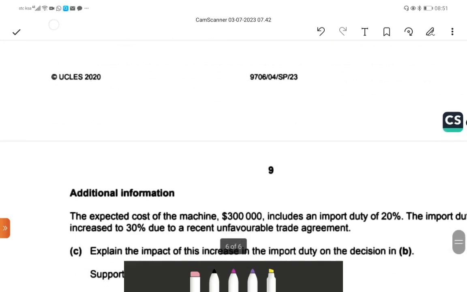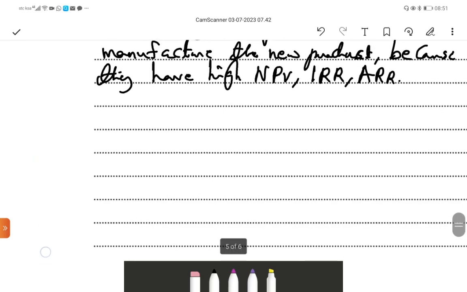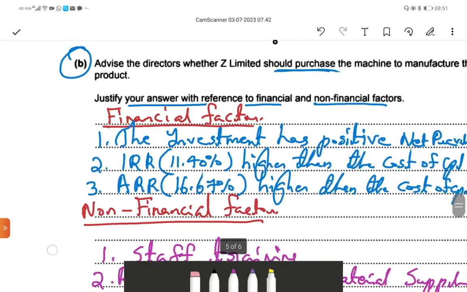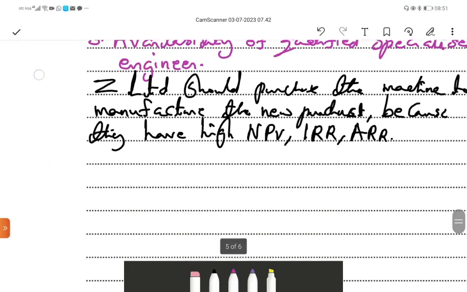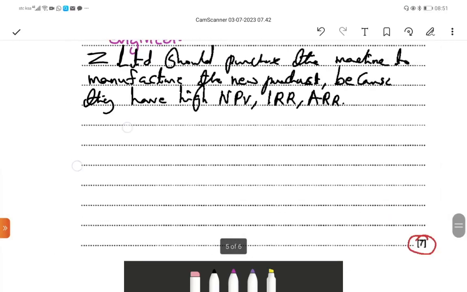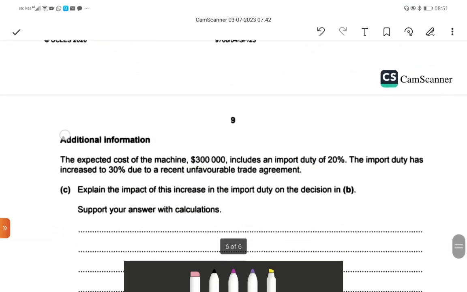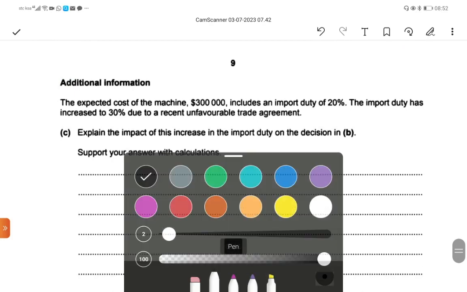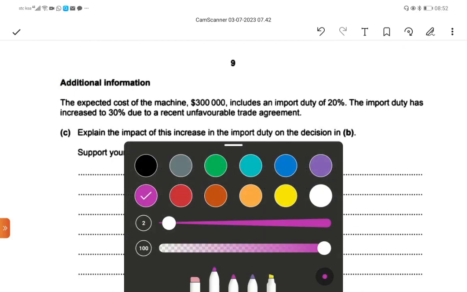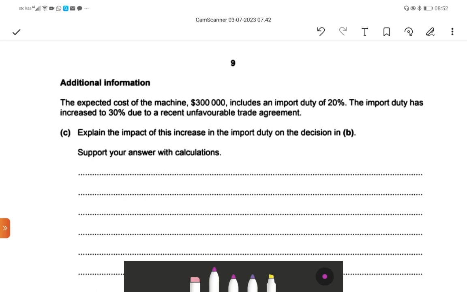So the next part, hope you are clear. Minimum 3 financial factors, 3 non-financial factors, then 1 mark for the advice. Next part: the expected cost of the machine is 300,000. That is the price, right?